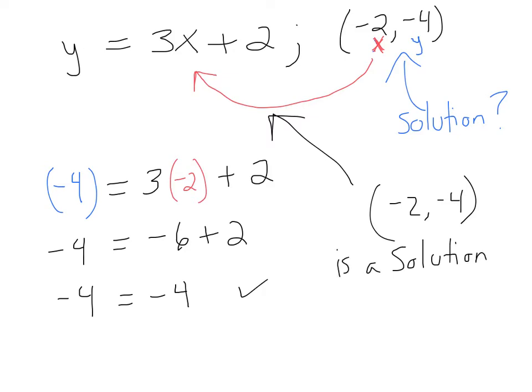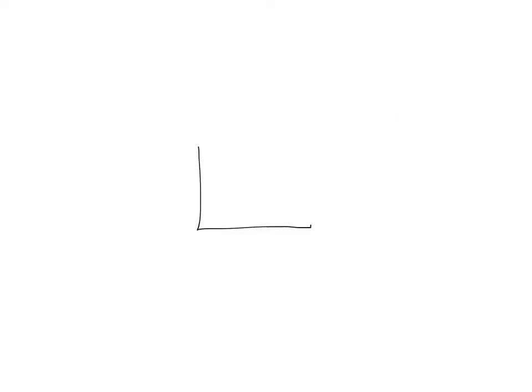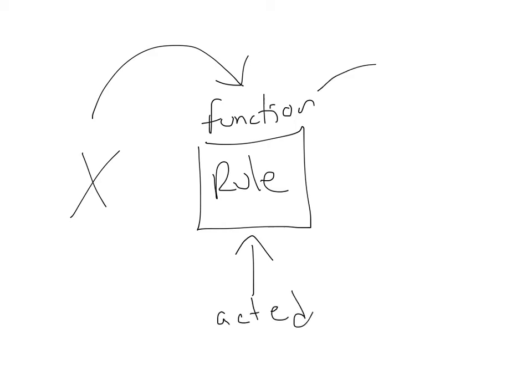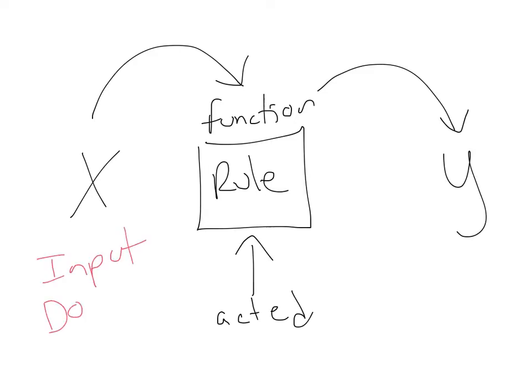Cool beans. Humans, one of the most important algebraic concepts is this idea that a function has a rule, where if you input a value, it's acted on by this rule, and then the output is some value y. So again, you input some member of the domain, it's acted on in some way, and the output is this member of the range we call y.